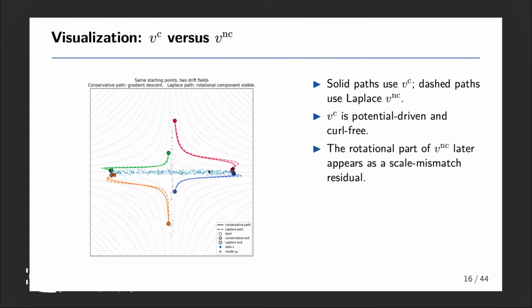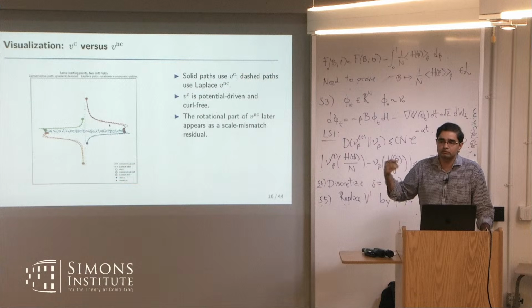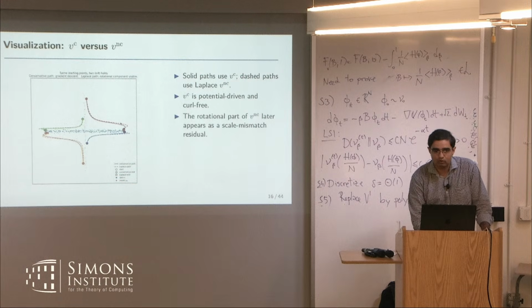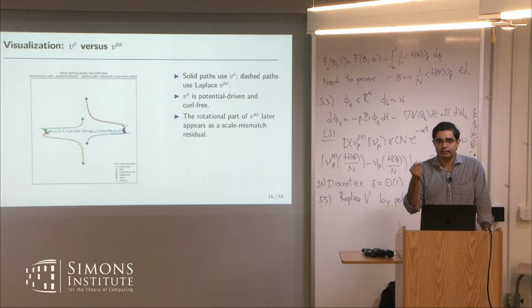The solid lines in all these 4 particles are from the conservative field, and the dashed lines correspond to the respective non-conservative fields. You can see that the non-conservative field has some curvature, and that is from the curl in those velocity fields, right?